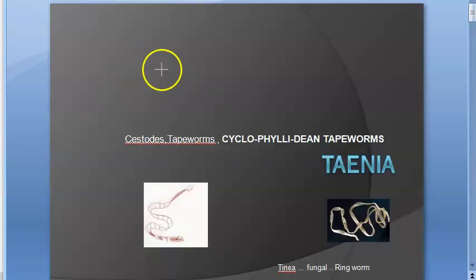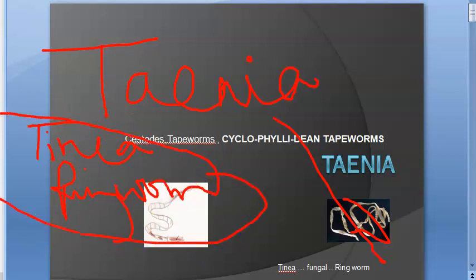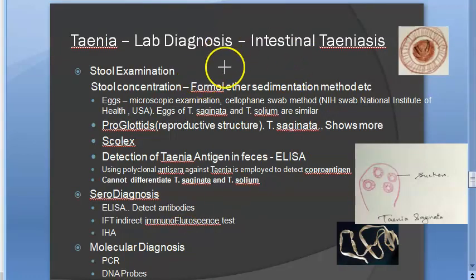And one thing you should understand, guys, whatever we looked at now is Taenia. Taenia is this tapeworm. But Taenia is also fungi. Ringworm, that is called ringworm, but there is no worm there. In ringworm, there is no worm. It is Tinea, or fungi. But Taenia is tapeworm. So some unique things you can know about each thing. Don't learn everything.